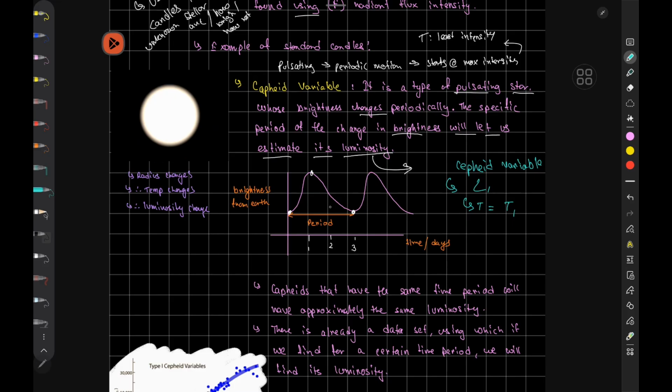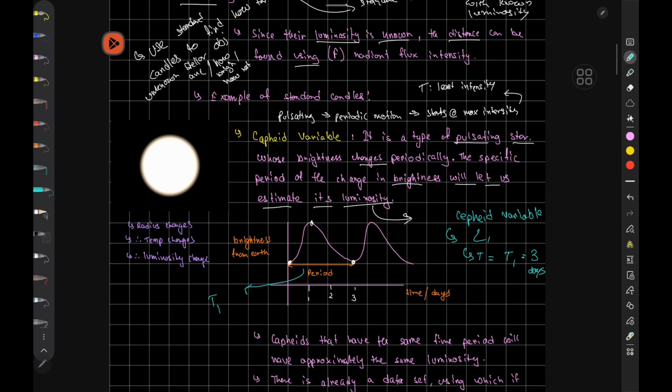When we find out the period of the pulse is exactly the same as T1, and we note it is taking 3 days to pulsate, so let's say T1 is 3 days, then we know that this unknown star is the same category as a Cepheid variable. So the luminosity of this unknown star will be L1. That's it.